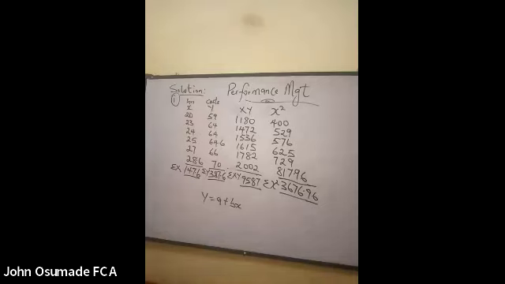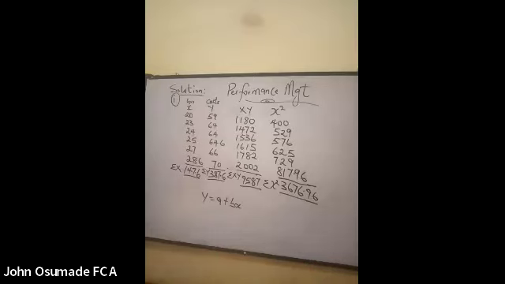N multiplied by summation S squared. What is summation S squared on the board? That is 3676.96. Then we close the bracket. Then we minus summation X in bracket squared.